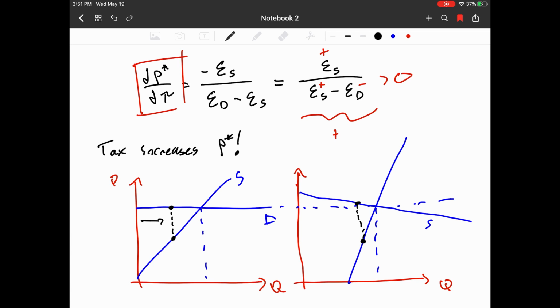Okay, they're not exactly equal, but hopefully for what we're doing here, this is going to be good enough.